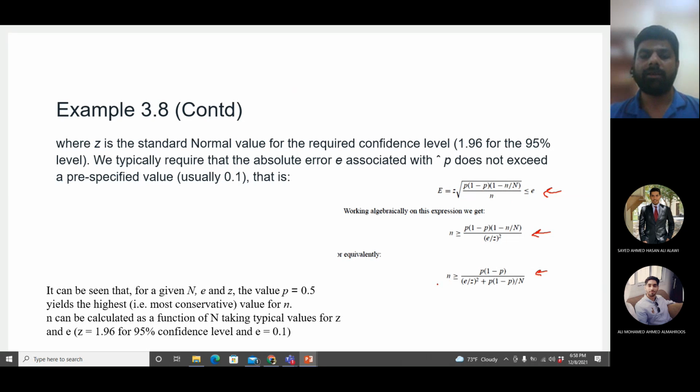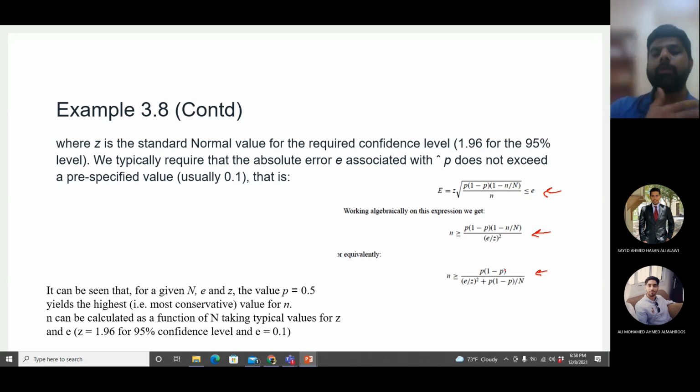If you put normal values for n, e, and z, the p of 50% will give you the highest number of n. If you keep all the values the same in this equation and just keep changing the p value, then the p value of 50% will give you the highest value of n, whatever values of e, z, and capital N you choose.